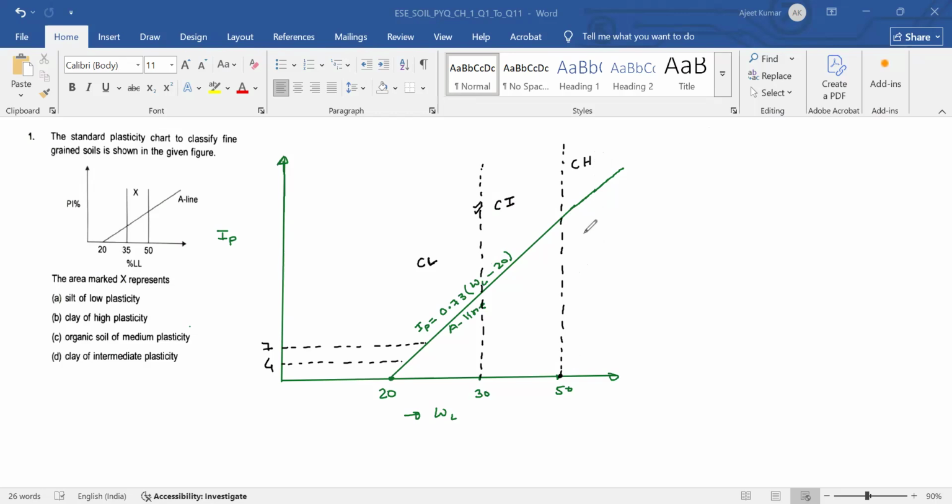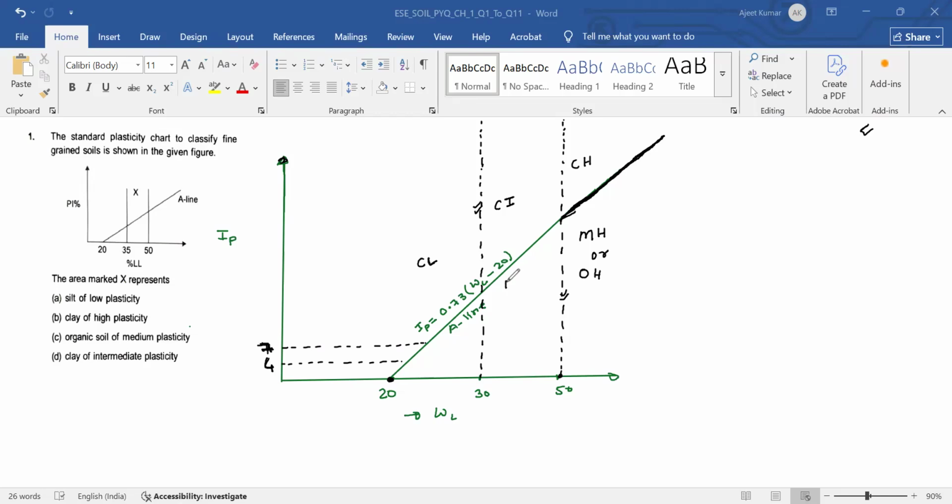Similarly, if the soil lies in the region below the A line and after the line corresponding to liquid limit 50, it is silt of high plasticity or organic soil with high plasticity.